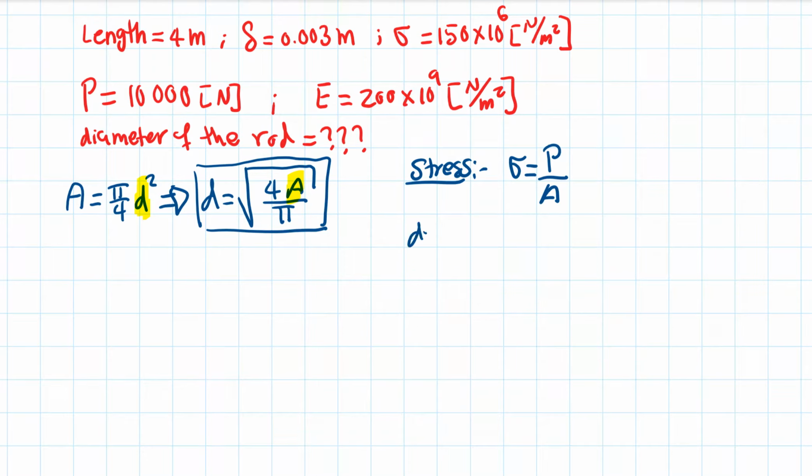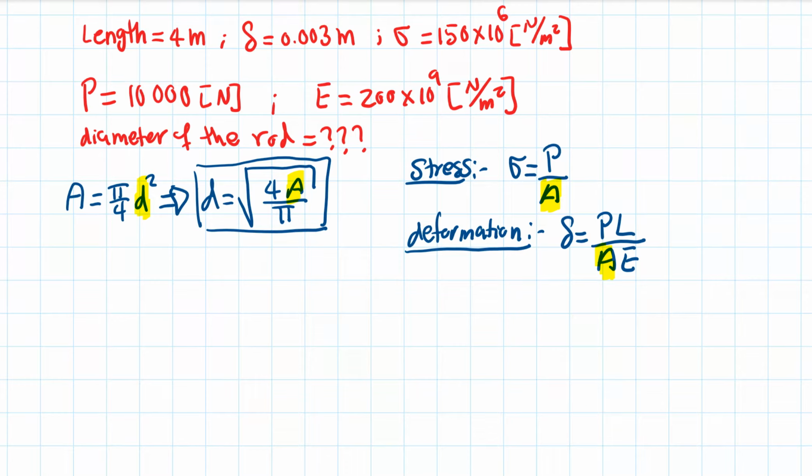And the deformation, which is derived from Hooke's law, is equal to applied load times length over area times E. So in these two equations, we can solve for A, and then the question will be, which one do we use, the stress or deformation?